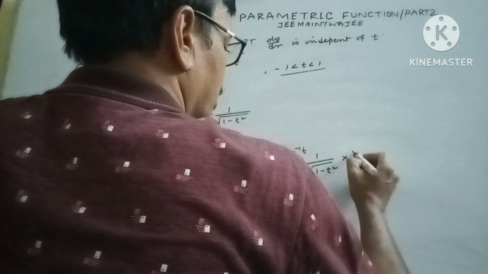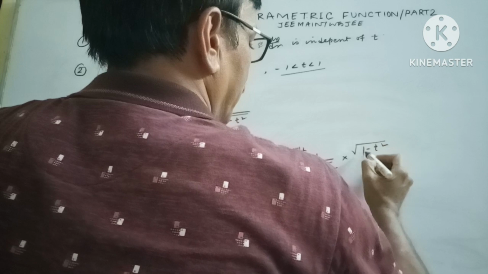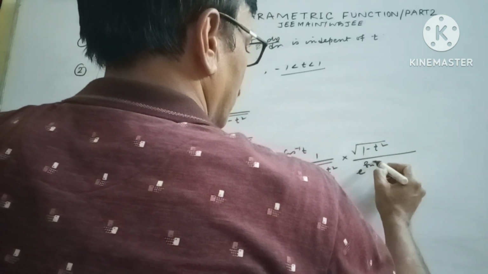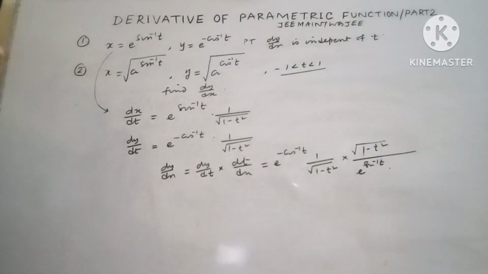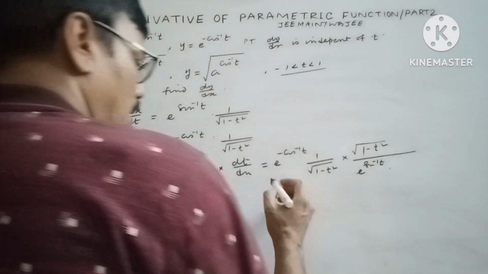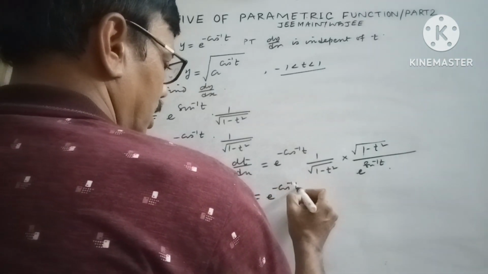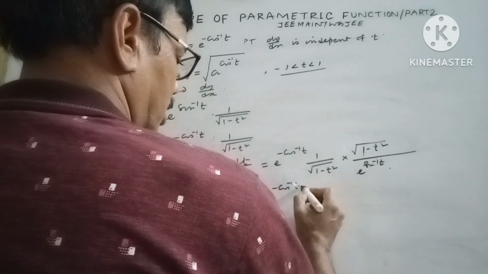So root 1 minus t square will be at the numerator, and this one is e to the power sin inverse t. So finally we are getting e to the power minus cos inverse t by e to the power sin inverse t.